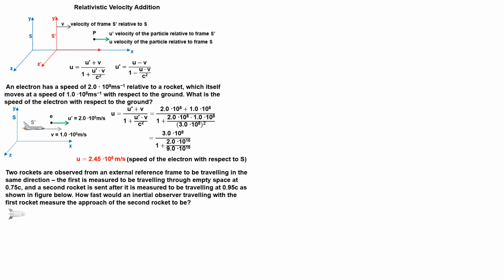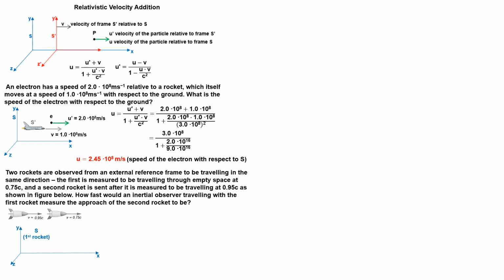First, select frames S, S prime, and hence the velocities v, u, and u prime. Suppose the frame S is the frame of reference in which the first rocket is at rest.